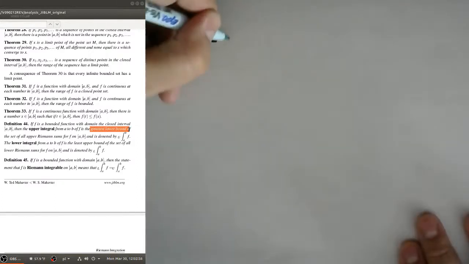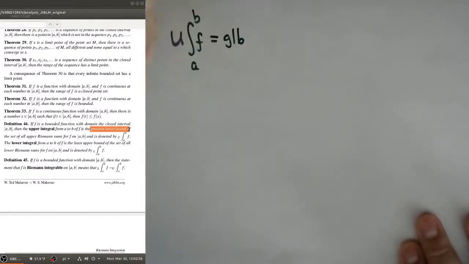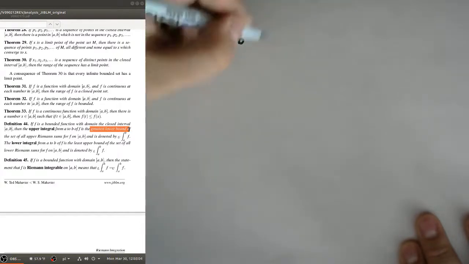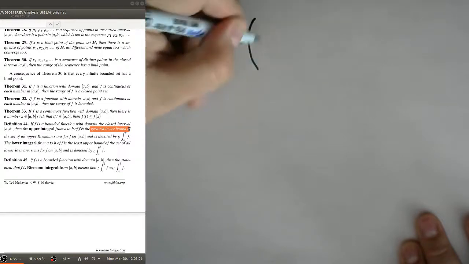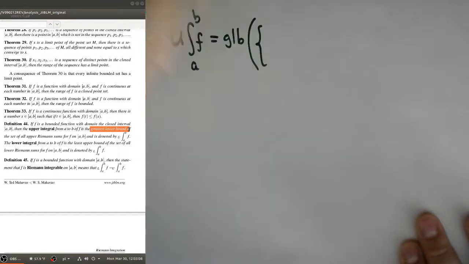Now, notice I haven't picked a partition for this, and that's because the upper integral is the greatest lower bound of the set of upper Riemann sums.